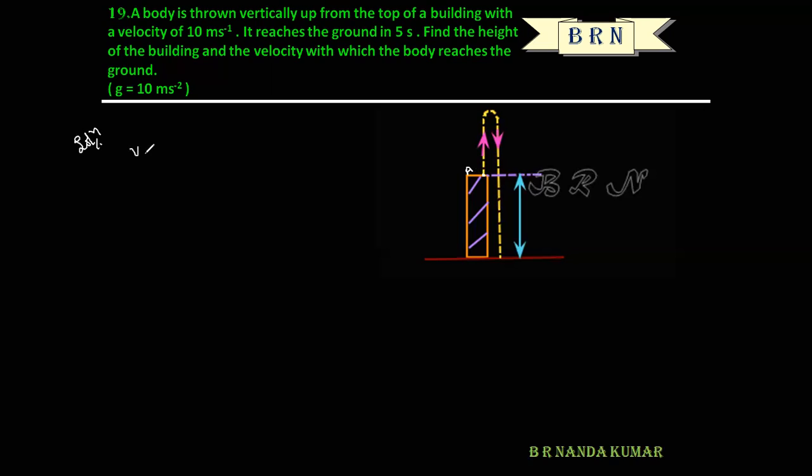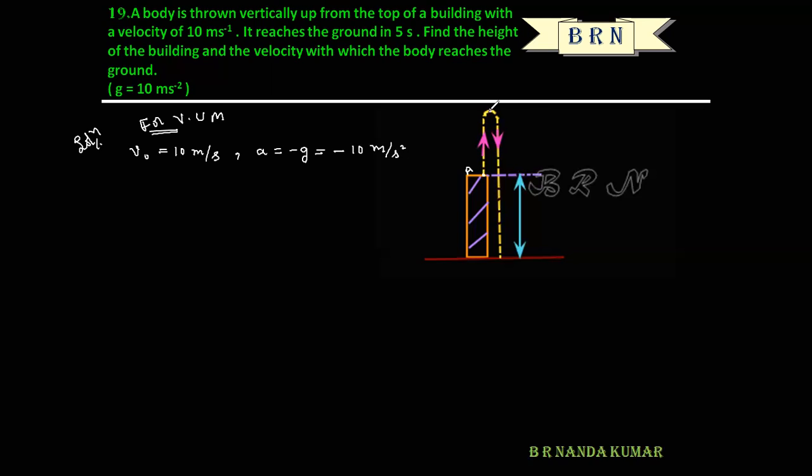For vertically upward motion, what is the initial velocity? V naught, that is 10 meter per second, and a becomes minus g. So g value is 10. So minus 10 meter per second square.